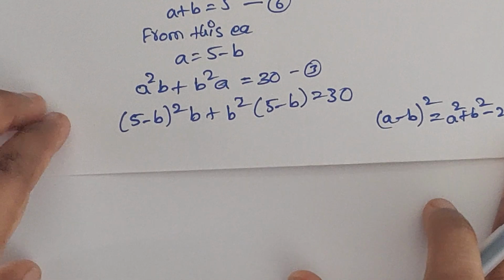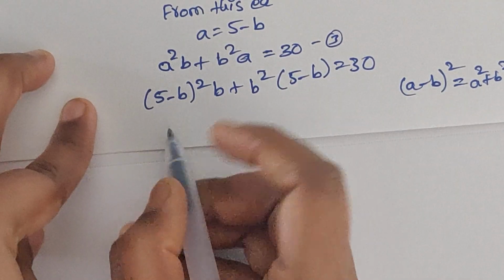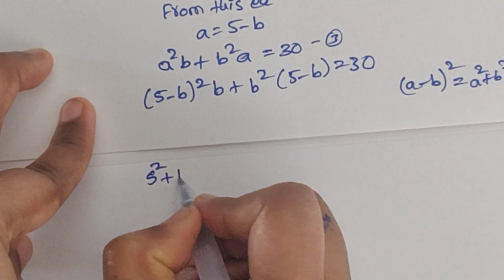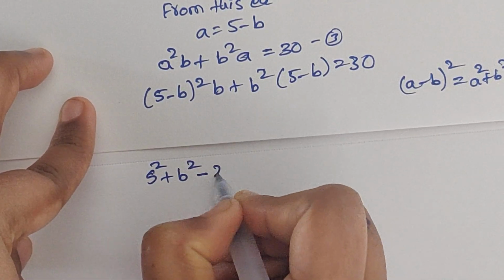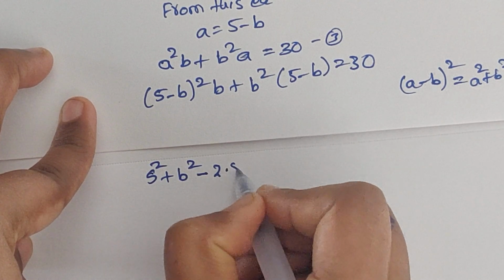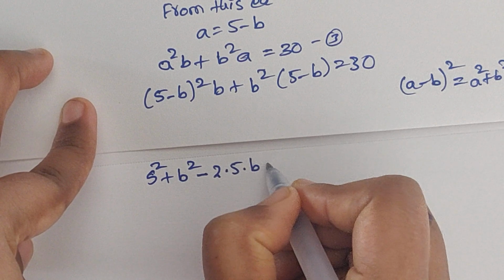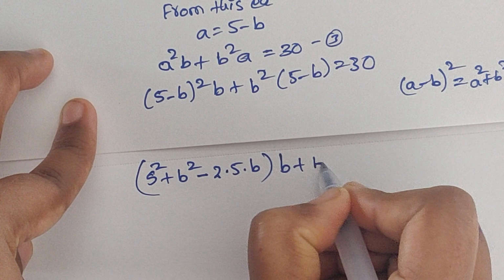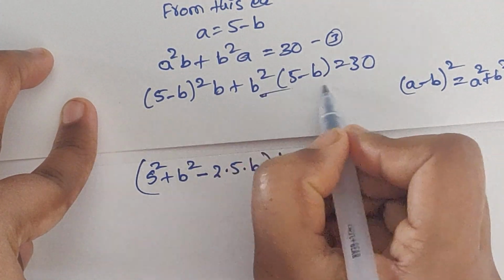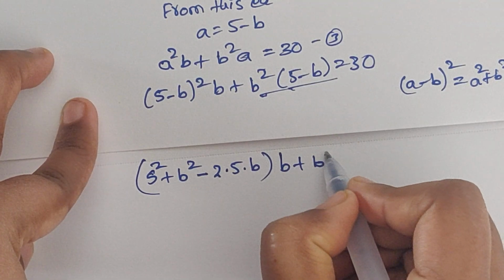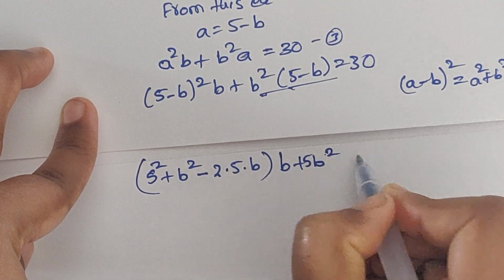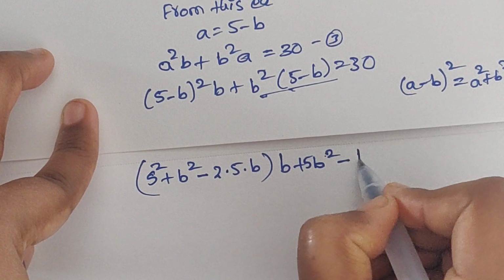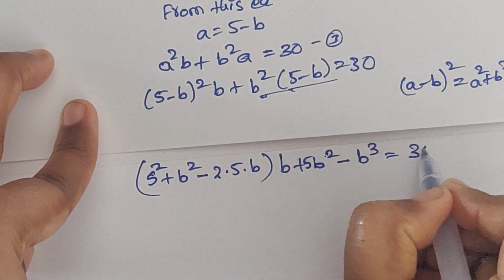Here we can write 5 square plus b square minus 2 times 5 times b, times b, write this b, plus b square, so multiply these two terms, we will get 5b square minus b square times b, which is equal b cube, equal 30.